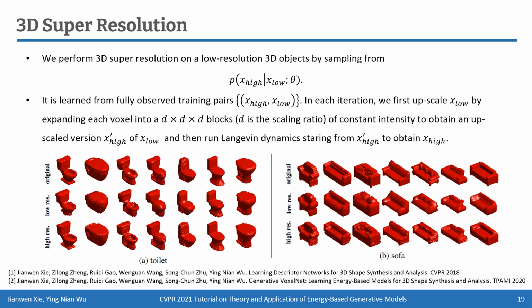For sampling, it first upscales the low-resolution example by expanding each voxel into a D by D by D block of constant intensity, where D is the scaling ratio, to obtain an upscaled version of the low-resolution example. And then it runs Langevin dynamics starting from the upscaled version to obtain the high-resolution output. Super resolution results for category toilet and sofa are shown in the figure.